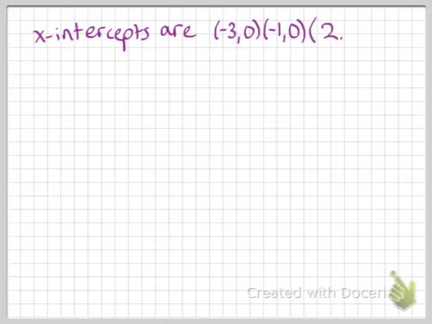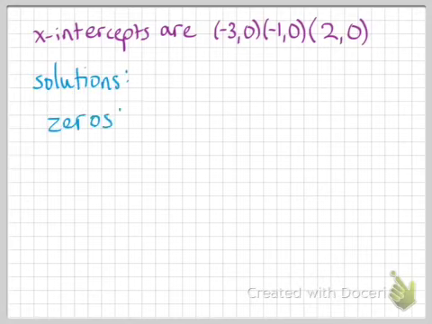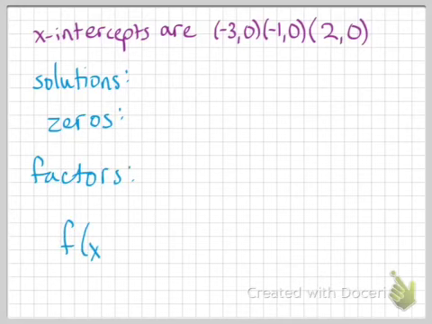Alright, let's try one from the other direction. If I give you the x-intercepts, you should be able to tell me lots of other things about the function. So the x-intercepts of this function are negative 3, 0, negative 1, 0, and 2, 0. And we want to figure out what those solutions were, what those zeros were, what the factors look like, and what that original function could have been, all from looking at the x-intercepts.